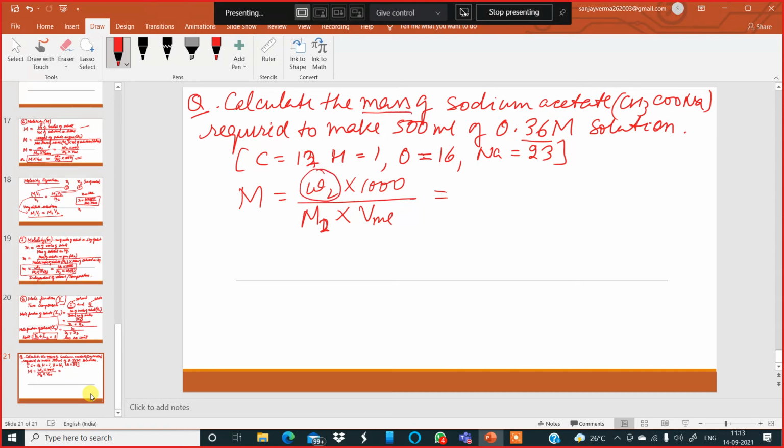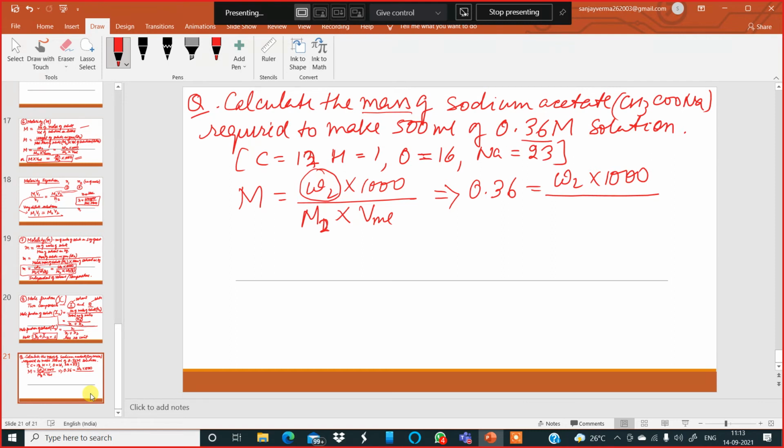Others are known. So if you apply this formula, this capital M is 0.36. W2 we don't know. 1000 is already there. So the answer is 12.96. No, no, 96. Okay, let me work out and check the answer. W2 into 1000 divided by M2.